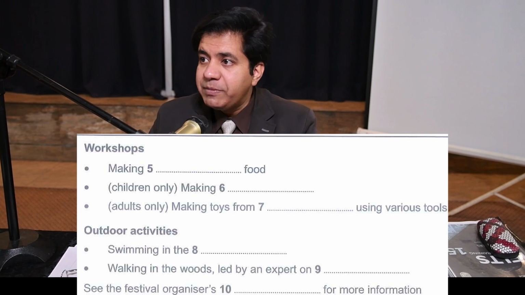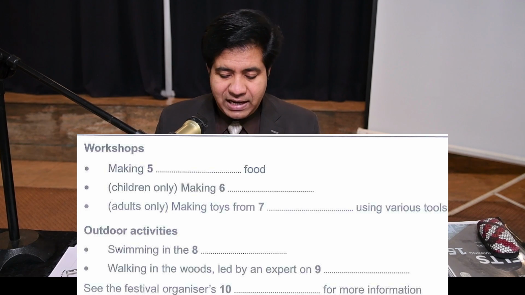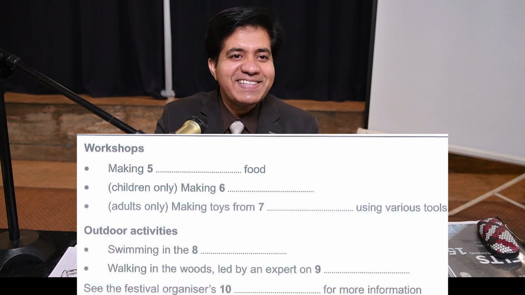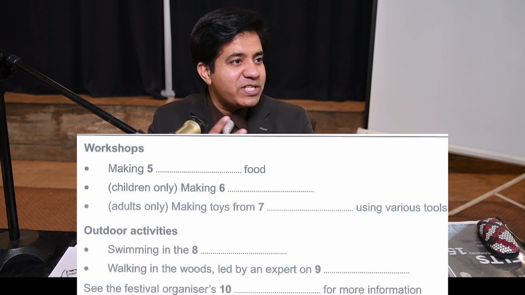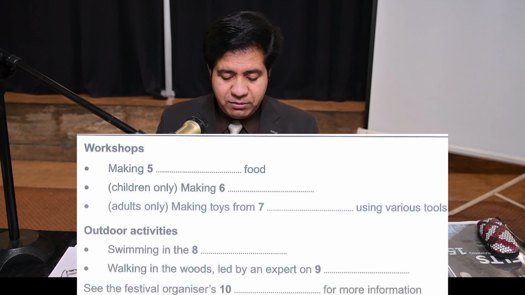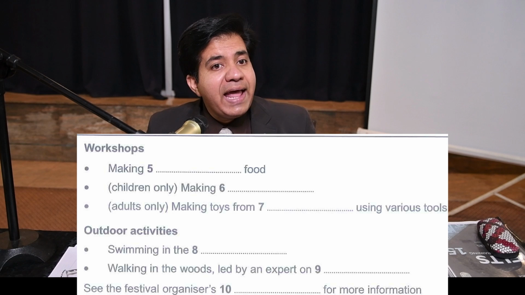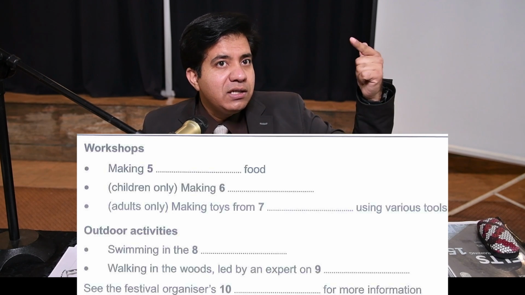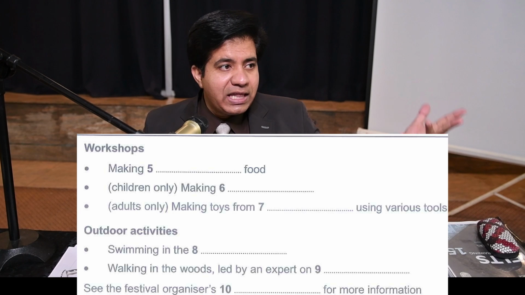Okay, so you need to keep these tricks in mind. They often play. Now, the answer will not come as a direct word. They say in the audio, making healthy food. You say, okay, healthy is the answer. I write it down. They always try to say things in a confusing way and it is for you to decide. Now, question number 5 is making dash food. Dash means type of food. Healthy, spicy, yummy, delicious, anything like that will come.